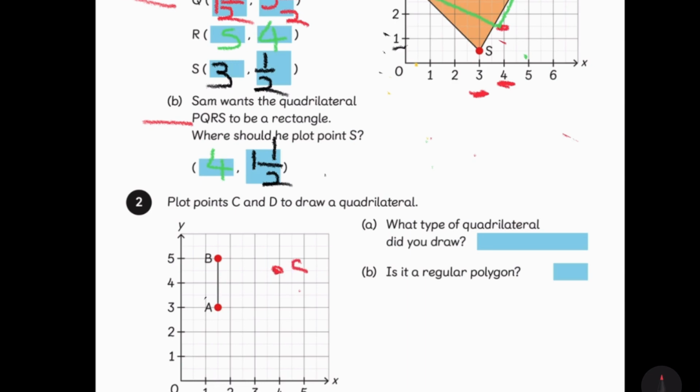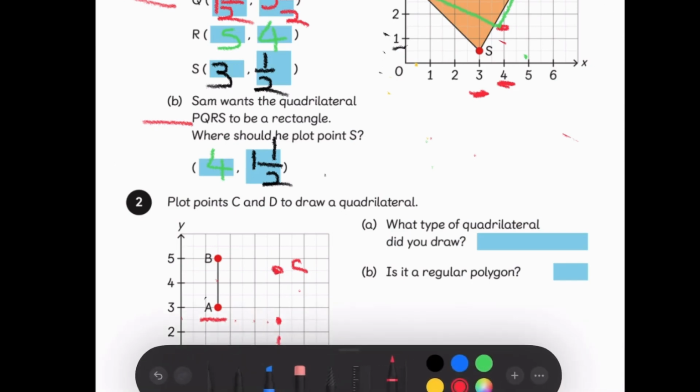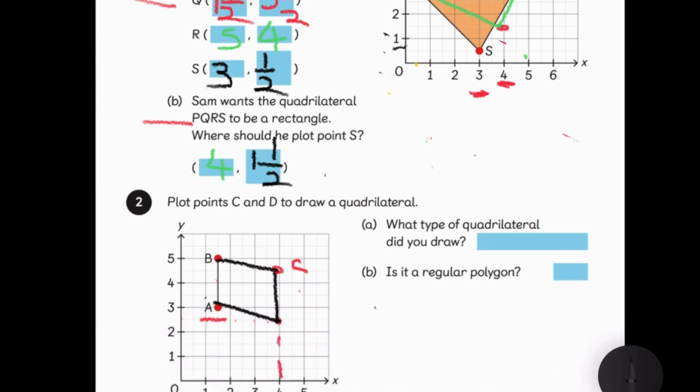If you see the imaginary line, 4, 2.5. Now let's join the dots. Perfect. Now it looks good. So what type of quadrilateral have we drawn? This is nothing but our parallelogram. Very good. If you have already figured it out before me, excellent. Give yourself a star. You deserve it.